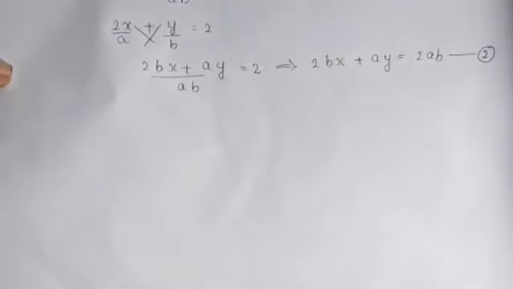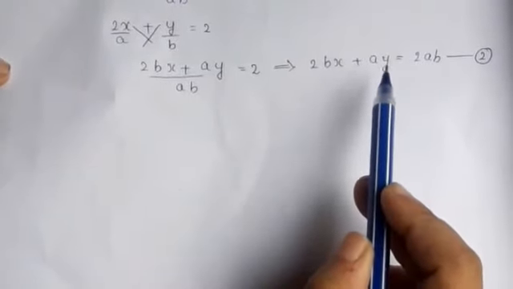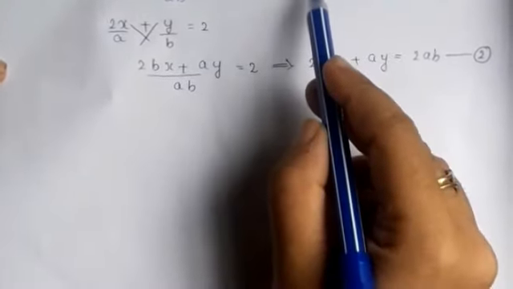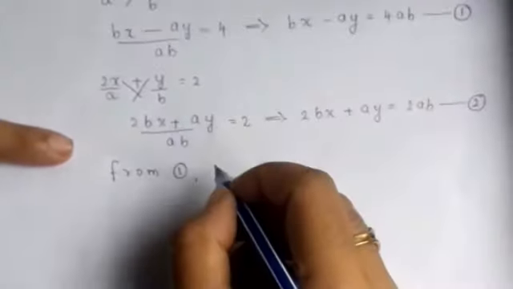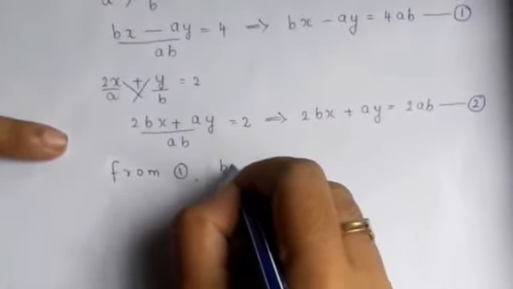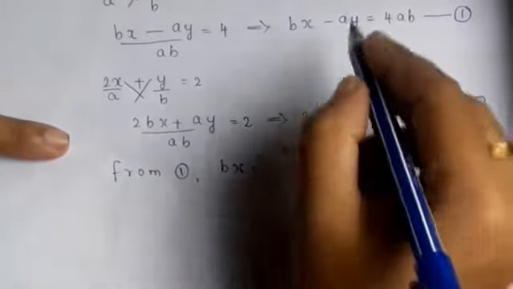Okay. Now you have to select either equation number 1 or equation number 2. I am selecting equation number 1. So from equation number 1, you should write down bx. bx is equal to 4ab minus ay.